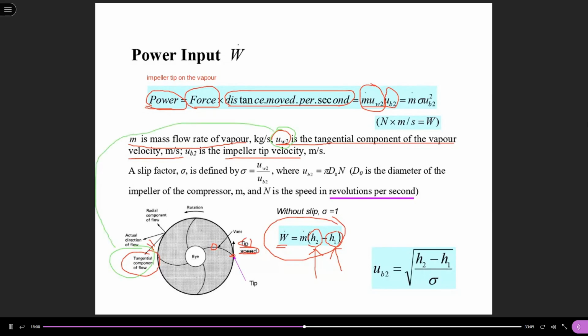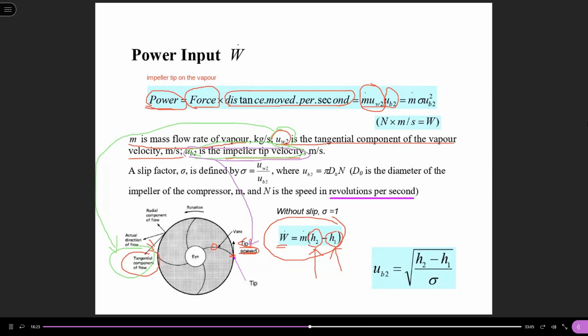It is used to calculate the force on the vapor. And then this is the impeller tip velocity, which is used to calculate the distance per second.